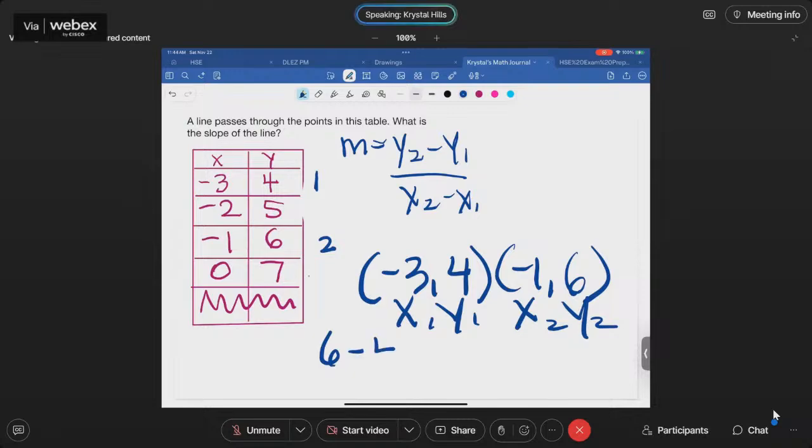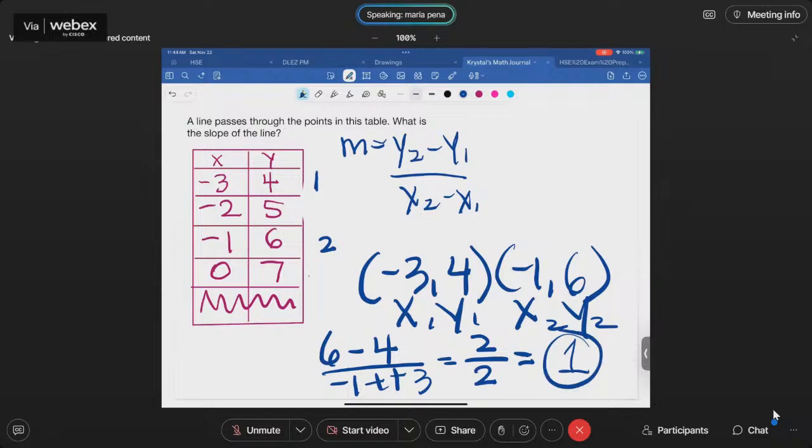Y2 minus Y1 divided by X2 minus X1. So we have 6 minus 4, which is 2. -1 plus 3 is 2. 2 over 2 is 1. And we got 1, Carly. Yeah, we got 1. That's what I got, was 1.